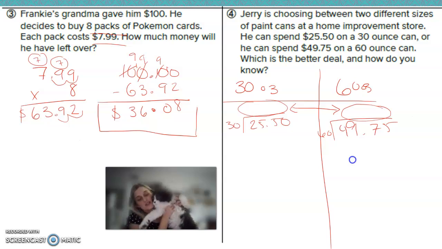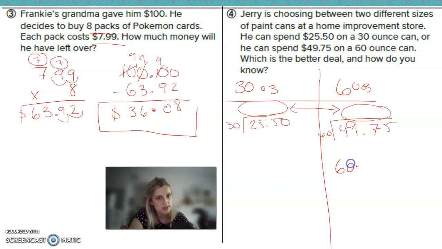Mouse does not like to do extra work. Mouse doesn't want to do more division than he has to. So instead, we're going to compare at the same unit by doubling the 30, because 30 plus 30 makes 60. Right, Mouse? He doesn't understand math. But we do. So, we're going to say, okay, if we have a 30-ounce can, we could get 60 ounces by buying 2 of them. So where is it cheaper to get 60 ounces?